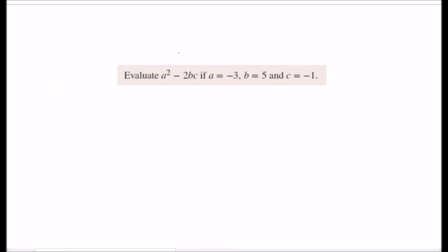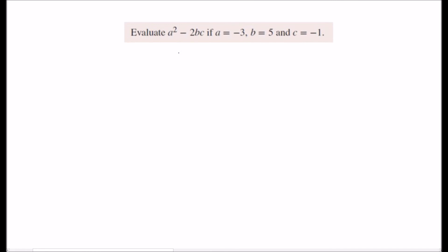Last one here. Evaluate a squared minus 2bc if a equals negative 3, b equals 5, and c equals negative 1. So by evaluating this, what it's saying is just substitute the letters with the given numbers. So a becomes negative 3, b becomes 5, and c becomes negative 1.